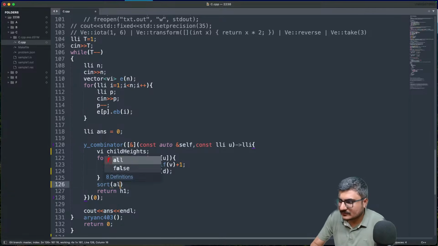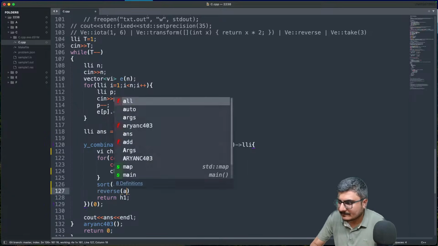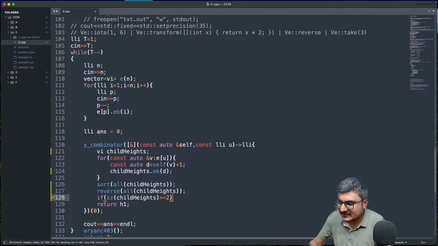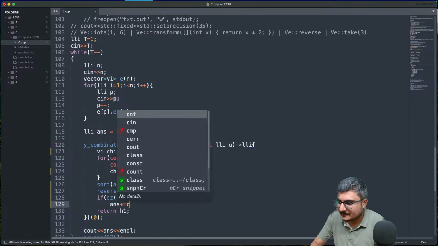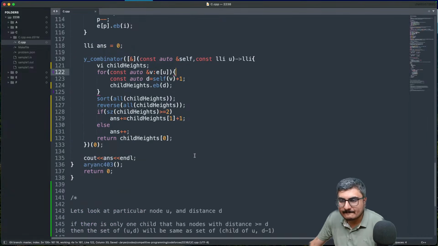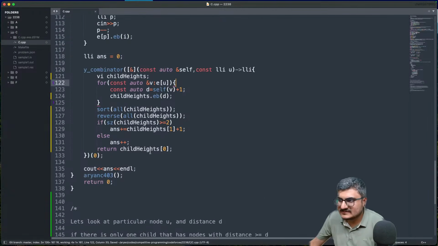Now we can sort all child heights here. If we have at least 2 children, then the answer would be second max plus 1. Otherwise, you can just choose the current one. And then you return the one that has the maximum one. And this is actually the solution.